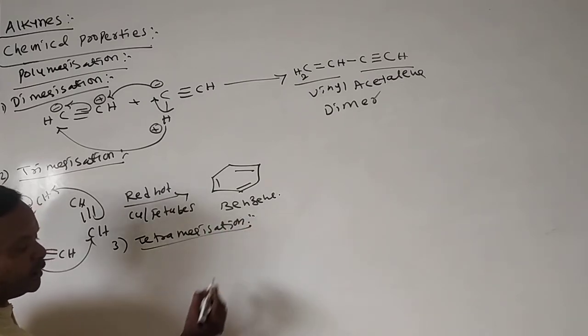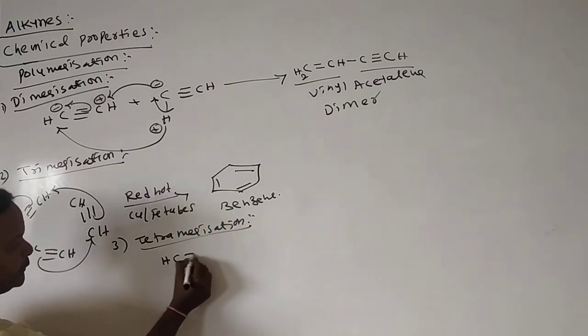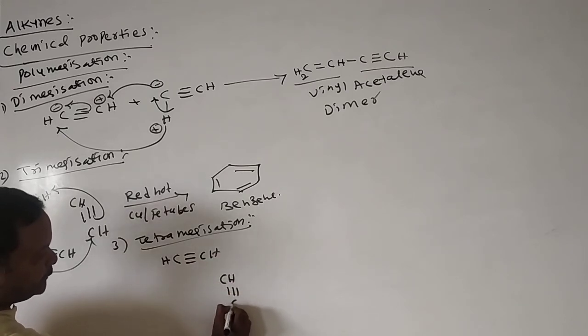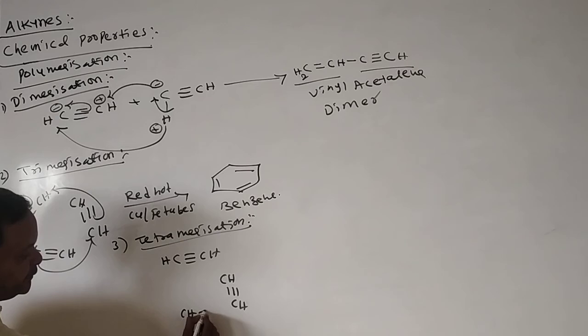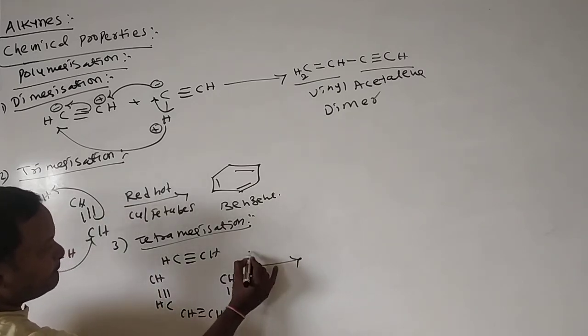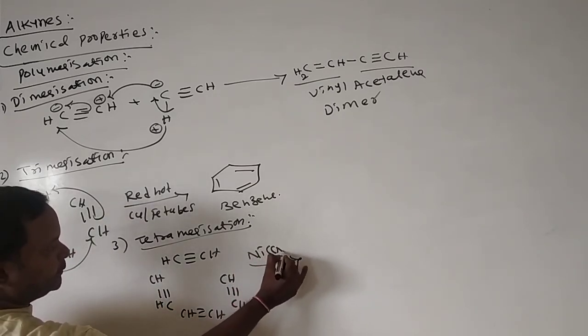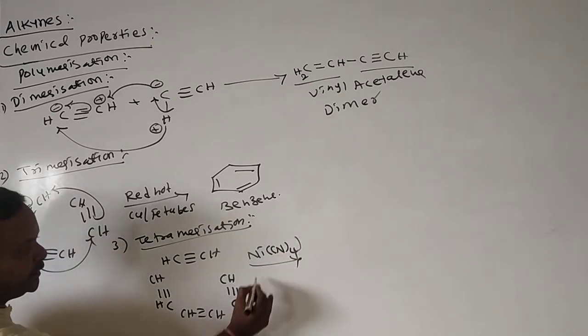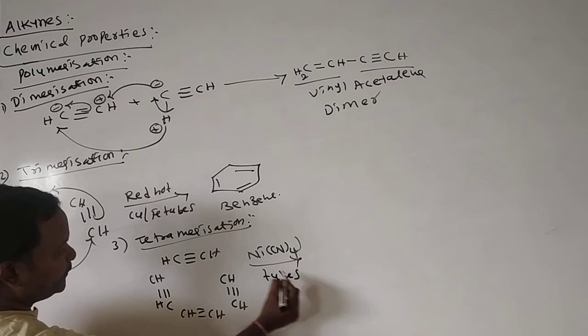Tetramerization means 4 molecules are involved. See, CH triple bond CH, CH triple bond CH, CH triple bond CH, CH triple bond CH. 4 molecules involved. Okay, pass through nickel tetracyanide tubes. What happened?